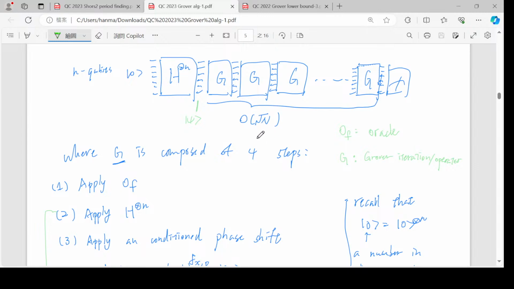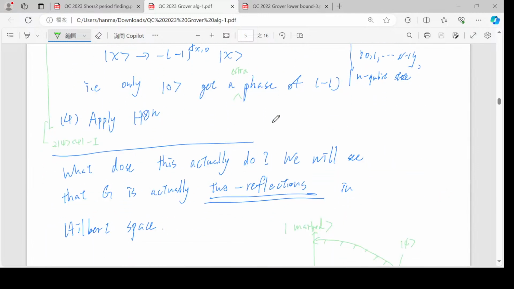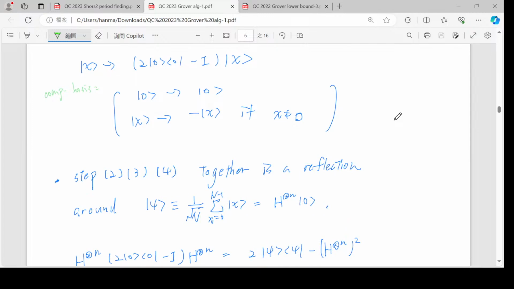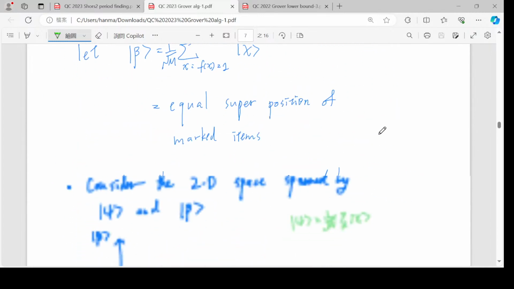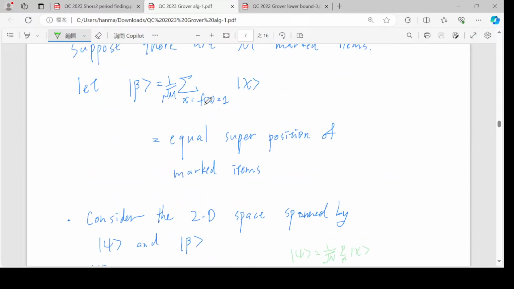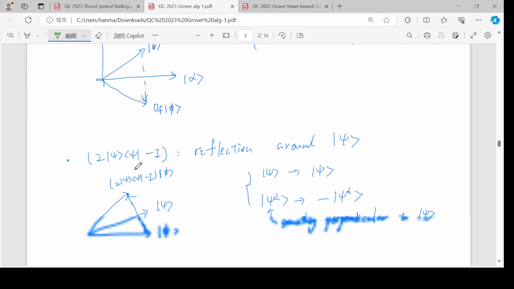to our quantum oracle. And the Grover algorithm keeps doing this Grover iteration, which is two reflections in this two-dimensional space that is spanned by the uniform superposition of everything and the uniform superposition of marked items.